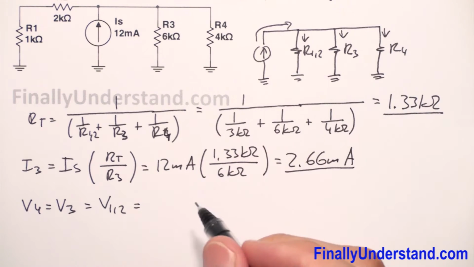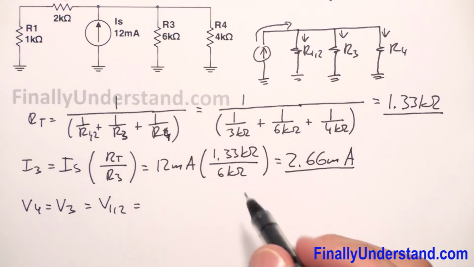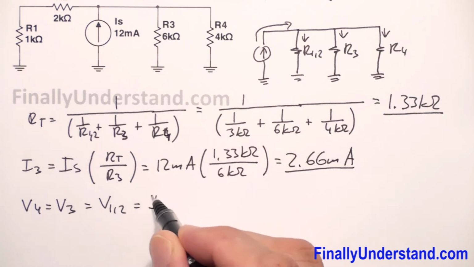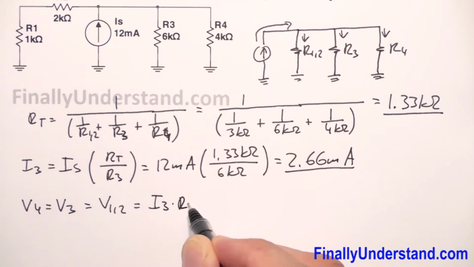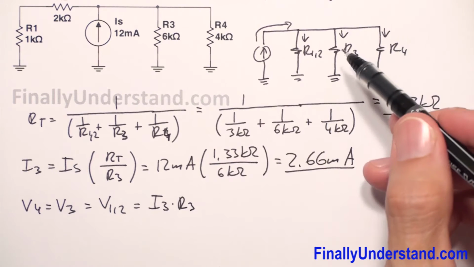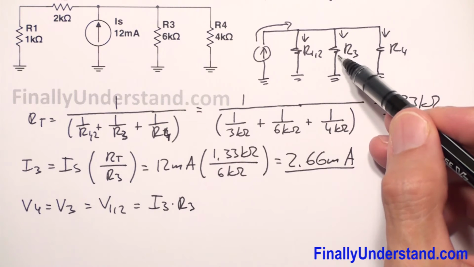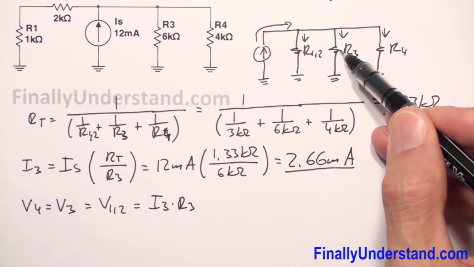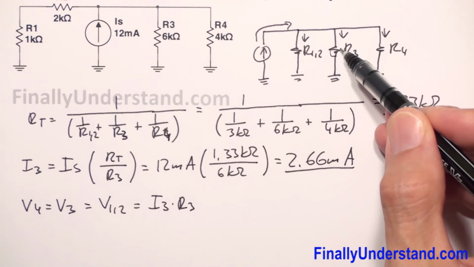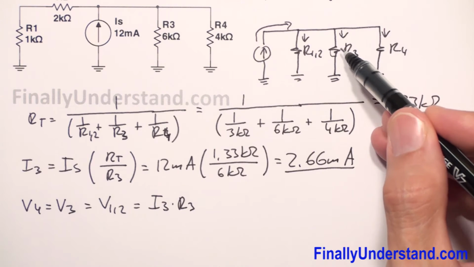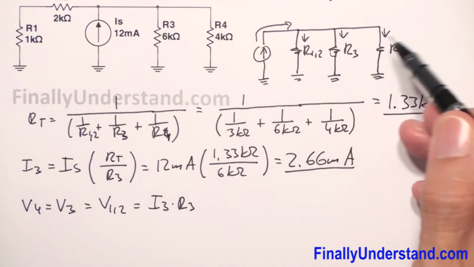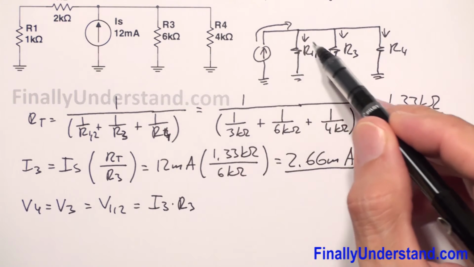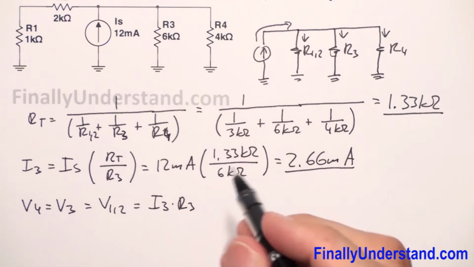This is going to be found by simply using Ohm's law, and I'm going to simply write that this is I3 times R3. Why? Because I know already the current which goes through resistor R3. I know the resistance of resistor R3, so I can find the voltage across resistor R3. And this voltage is going to be equal to the voltage across resistor R4, and also equal to the voltage across R12.